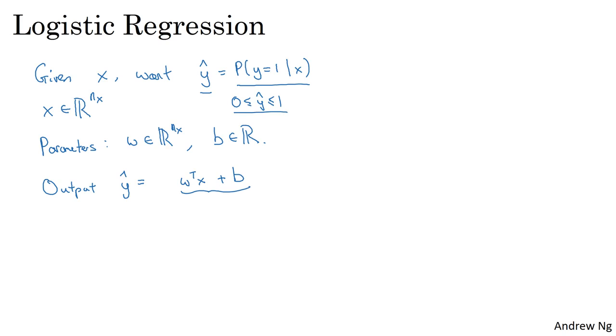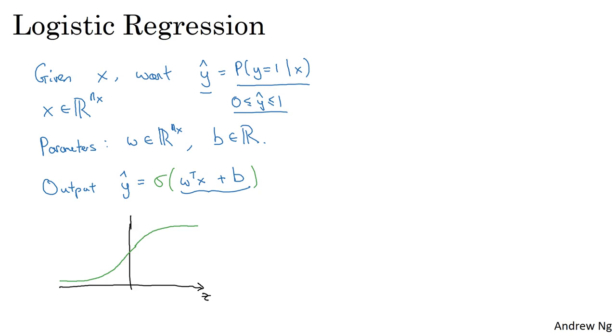So in logistic regression, our output is instead going to be y hat equals the sigmoid function applied to this quantity. This is what the sigmoid function looks like. If on the horizontal axis I plot z, then the function sigmoid of z looks like this. So it goes smoothly from 0 up to 1.